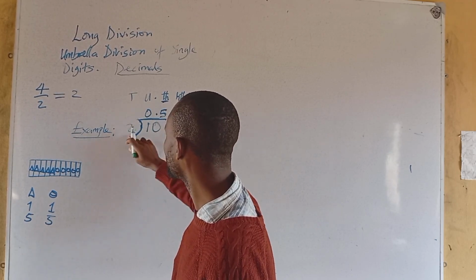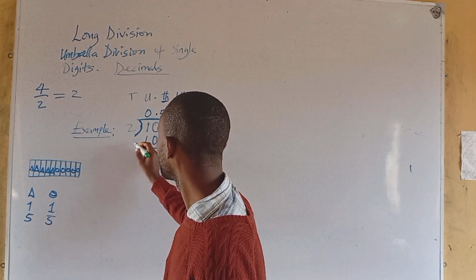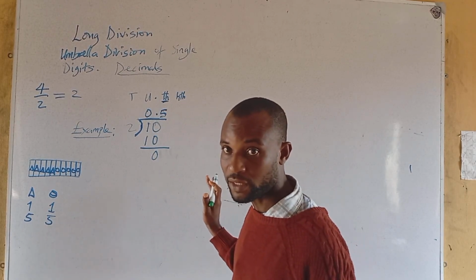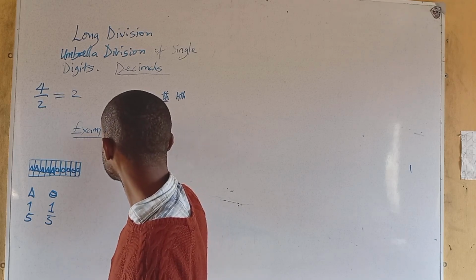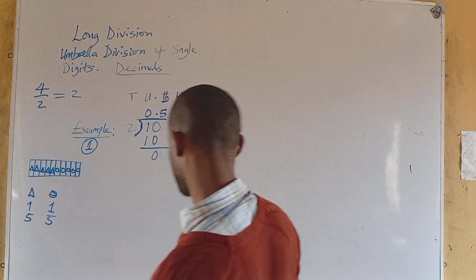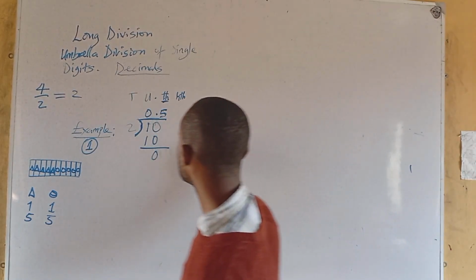So 5 times 2 is 10. So that means at the end of the day, there's 0 remaining to share again. Do you understand? It's as simple as that. Let's call this example 1. So should we do another example? Okay, let's see another example.